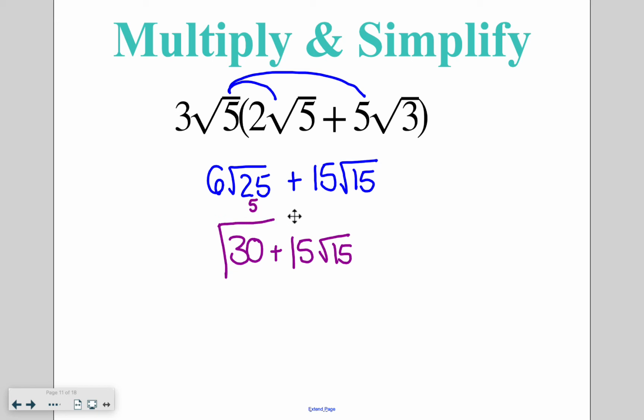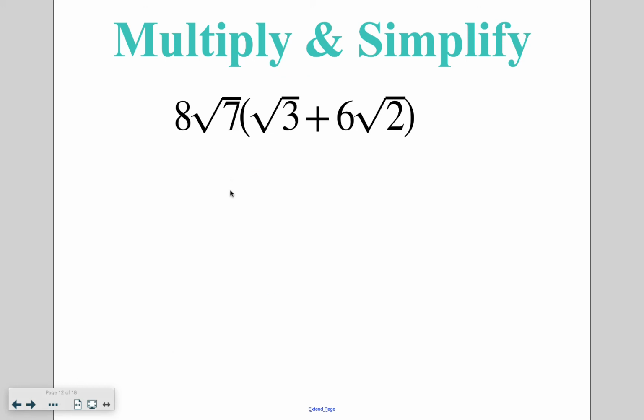You cannot add 15 plus 30 because the 15 is being multiplied by the square root of 15. In order to be able to add, you'd have to solve the multiplying first, which we cannot, and then move on to the adding. So when you end up with this right here, you do not add the 30 and the 15 because they are not like terms.